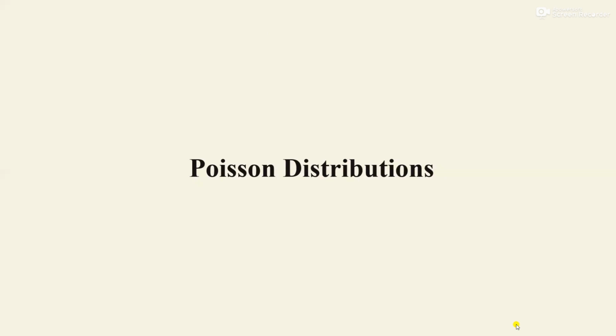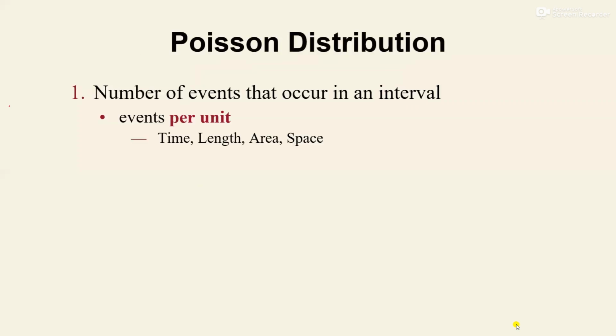Now we are coming to the next theoretical distribution, that is the Poisson distribution. Here also, it is also discrete probability distribution. Similar to binomial, but the counting number of events is little different than the binomial distribution, right?